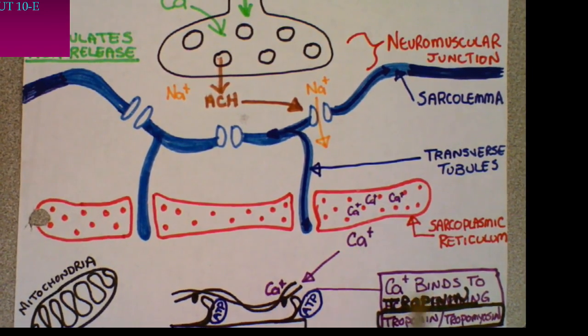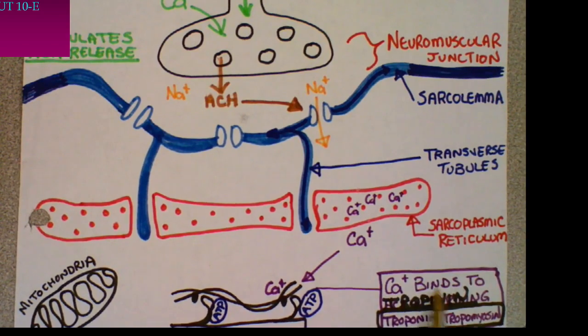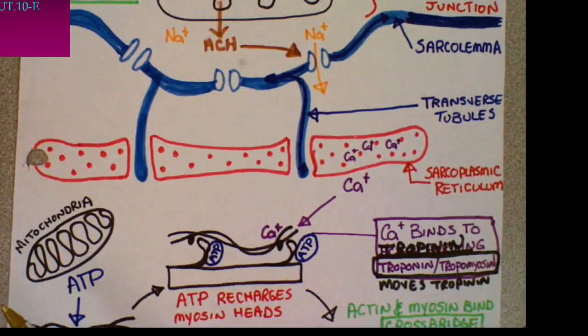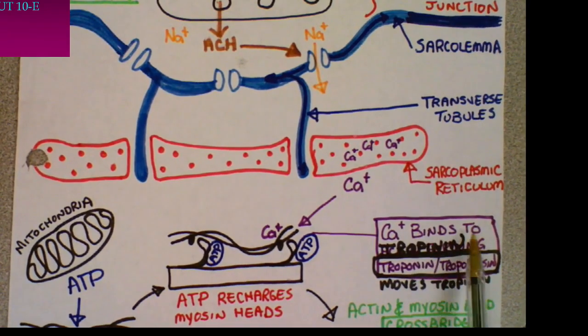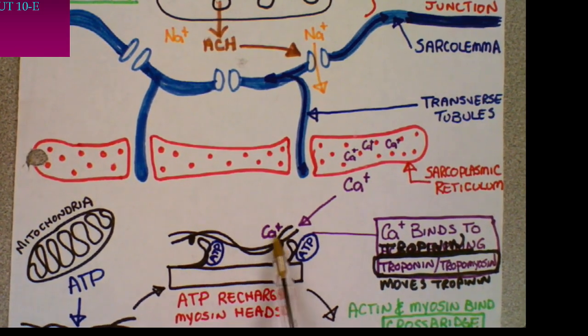Now, what calcium does is it binds to troponin. Calcium binds to troponin, forming a troponin-tropomyosin complex. It moves the troponin out of the way. So this calcium is required for a muscle contraction.